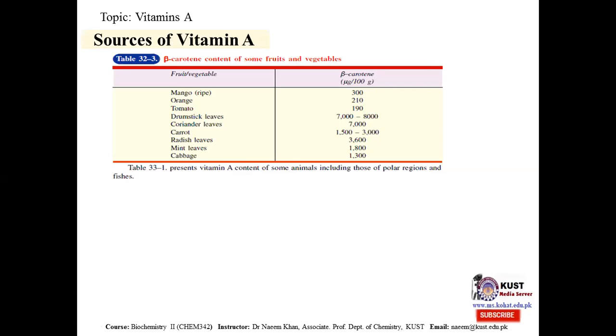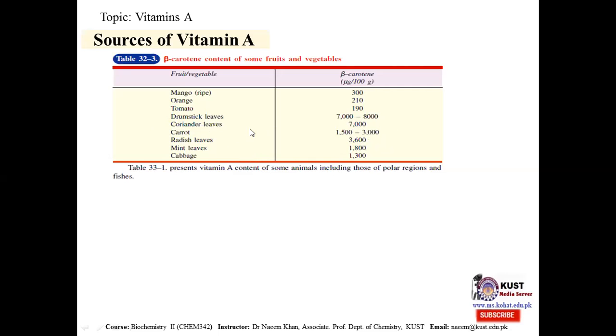So the vitamin A rich sources are the drumstick leaves and coriander leaves, which have thousands, 7,000 to 8,000 microgram per 100 gram of sample. The next highest source is radish leaves, at 3,600 microgram per 100 gram. These are common foods we take on a daily basis.